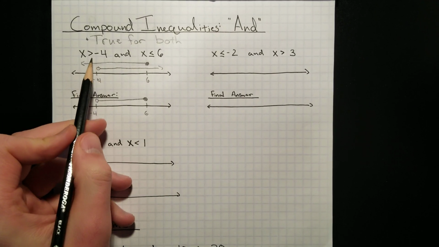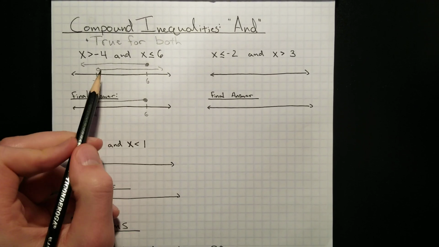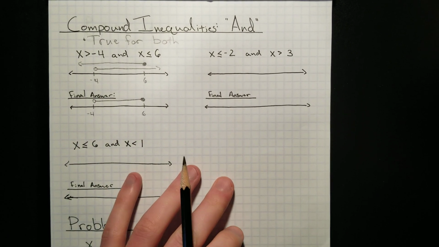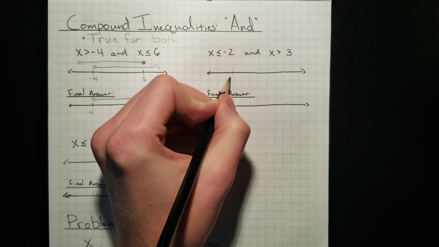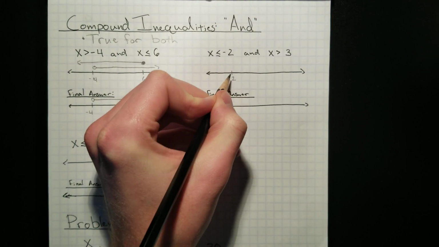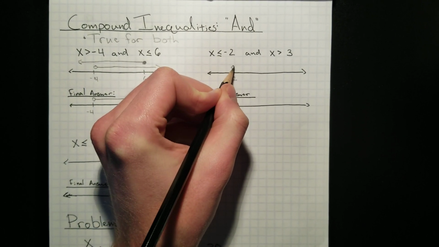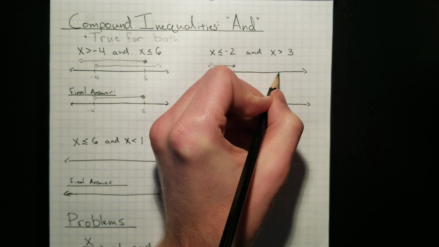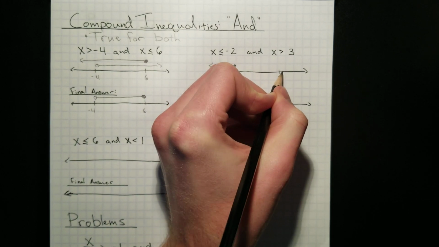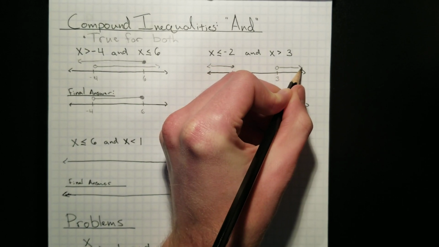So we've combined these two lines that cross over each other using the word and, very different from using the word or. Over here, if we start by graphing this to the left, we have -2, since it's less than or equal to, we fill in that dot. We have a line going to the left, and this one is greater than 3, so we have a line going to the right.